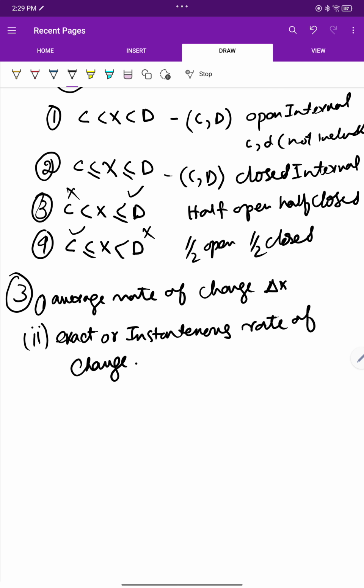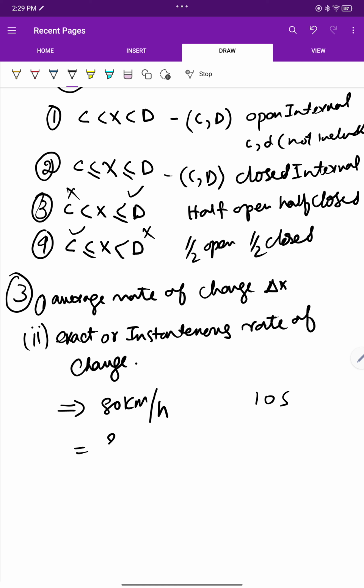So in some situation, like a car has a speed of 80 kilometer per hour. Let's say 80 kilometer per hour per some time, and per how much time, it's per 10 second.